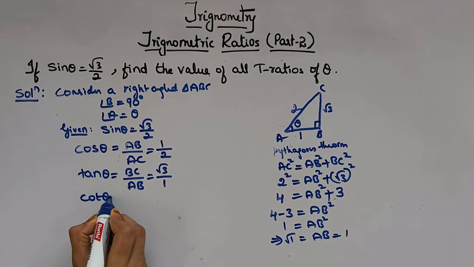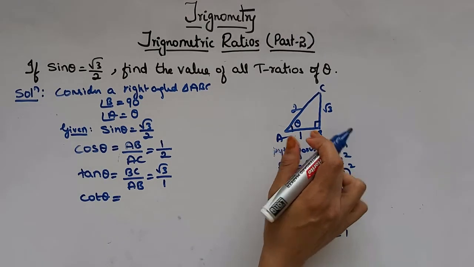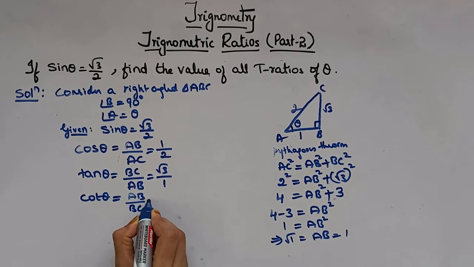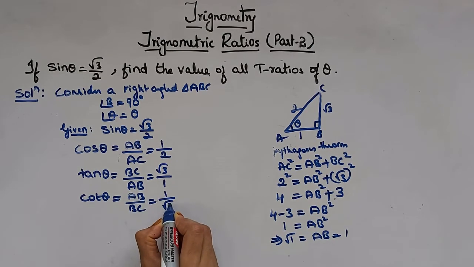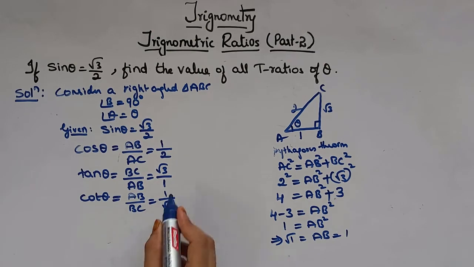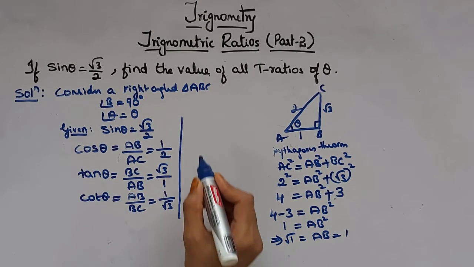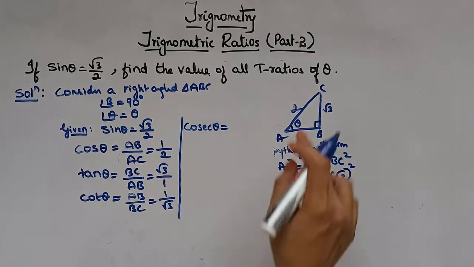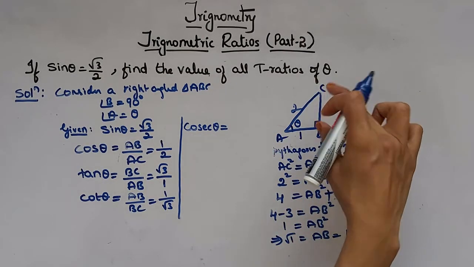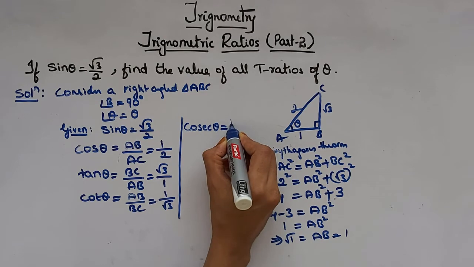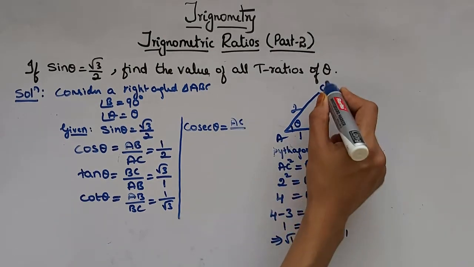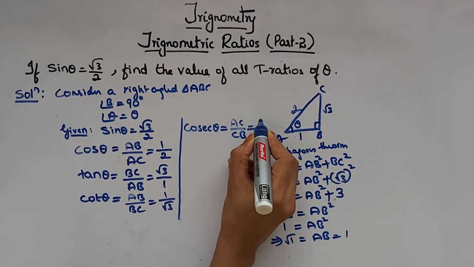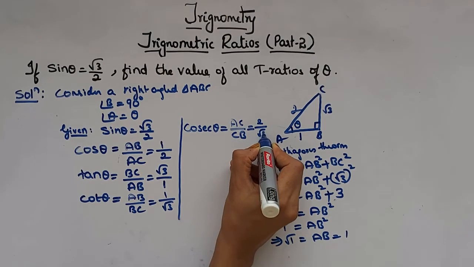Similarly cot theta. Cot theta is nothing but adjacent by opposite. That is nothing but AB by BC, which is equal to 1 by root 3. So your cot theta is 1 by root 3. Similarly we have cosecant theta. So cosecant theta is nothing but hypotenuse by opposite. So hypotenuse is AC, opposite is CB, which is equal to 2 by root 3.